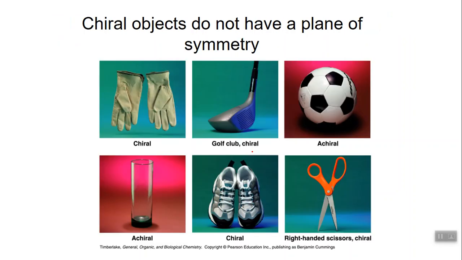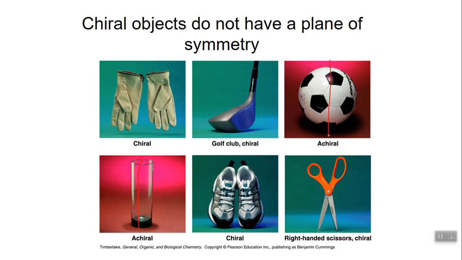The reason that we get this thing called chirality has to do with symmetry. Some objects are symmetric, they have a plane of symmetry, and other objects don't. A glass has a plane of symmetry down the middle. A soccer ball has a plane of symmetry down the middle.